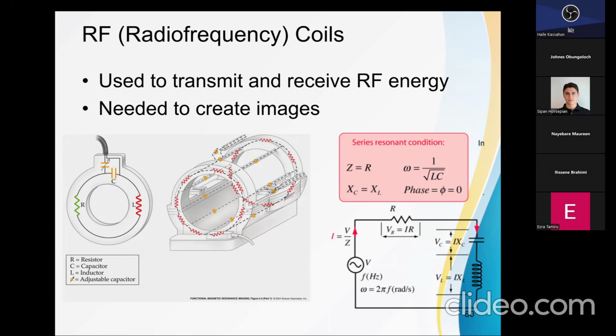As you make loops, you inadvertently are also creating an inductor. So if you take, for instance, a solenoid, by the time you finish winding it, you already have a resistance in there, you already have an inductor in there. So all you need to add is a capacitor.